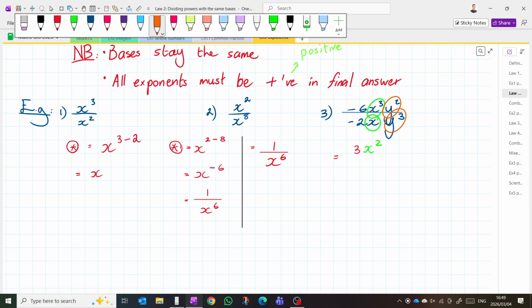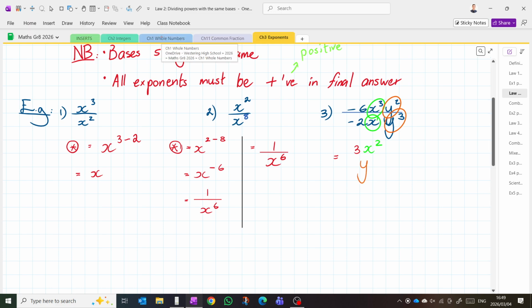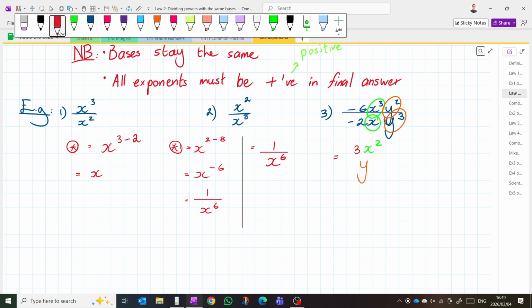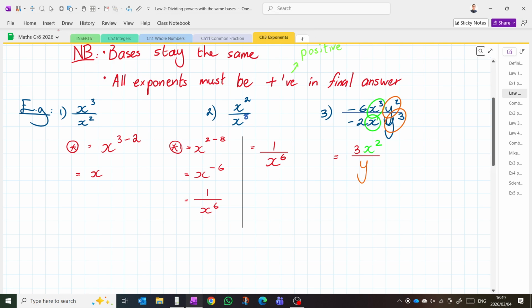I'm going to subtract the smaller from the bigger, so 3 minus 2 gives me 1. My larger power was in the denominator to start with, so my answer goes in the denominator. Again, you can say y to the power 1, but it is unnecessary. And that would be my final answer: 3x squared divided by y.